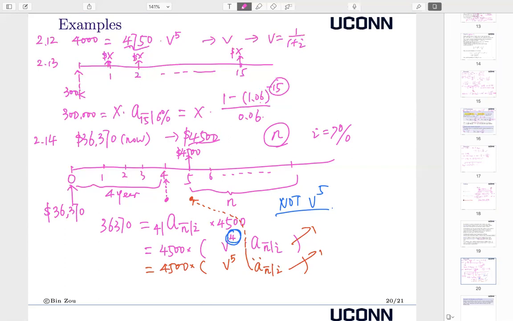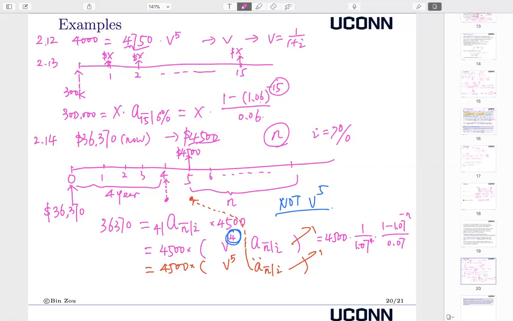Right. So for instance, from here, you can write it as divided by 1 plus i. What is i? i is 7%. So it's 1.07 to the fourth. Okay, here is 1 minus 1.07 to negative n divided by 0.07. Right.